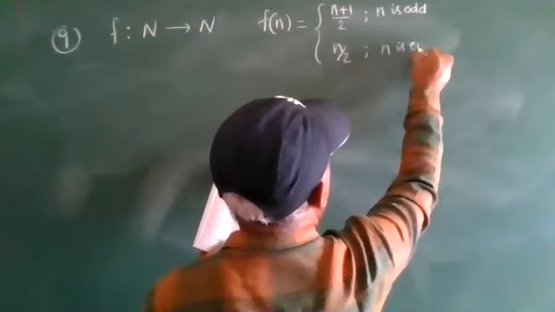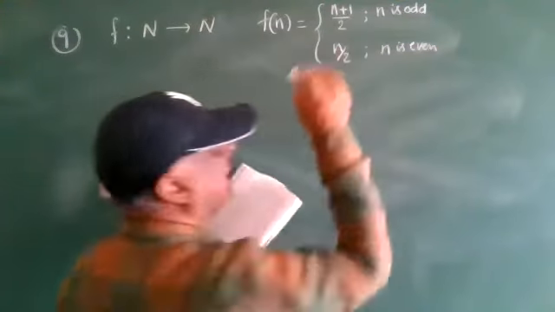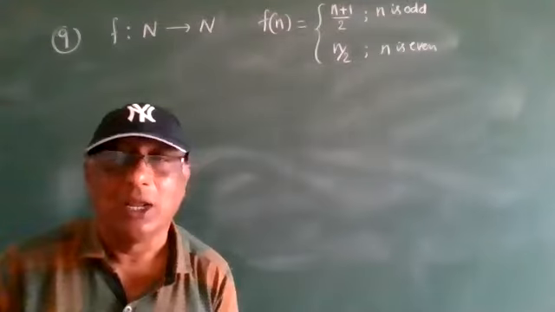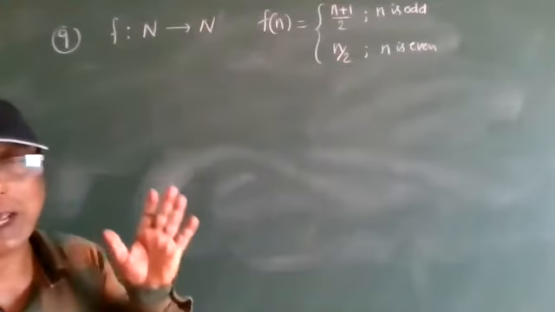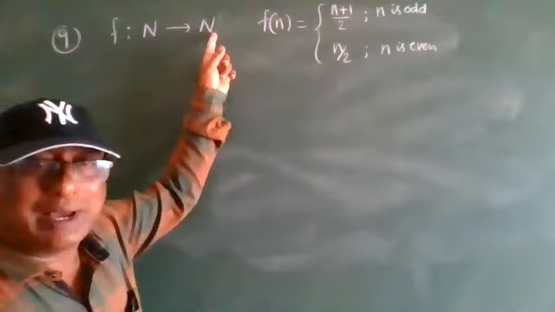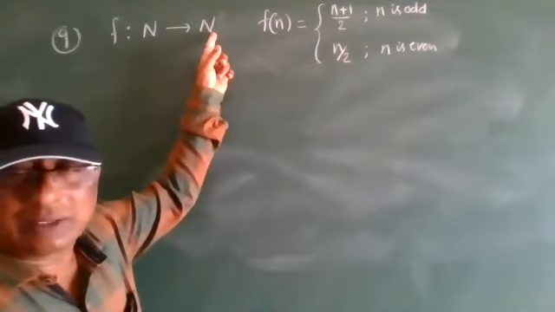For even numbers, we use this definition. The domain and codomain are both natural numbers.